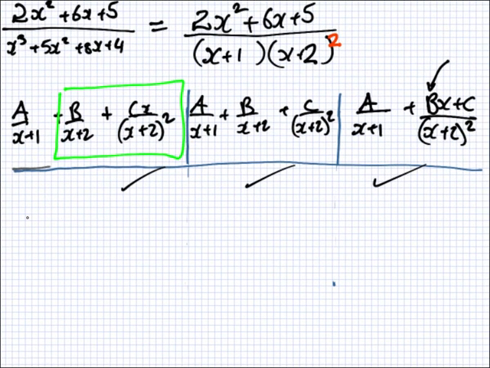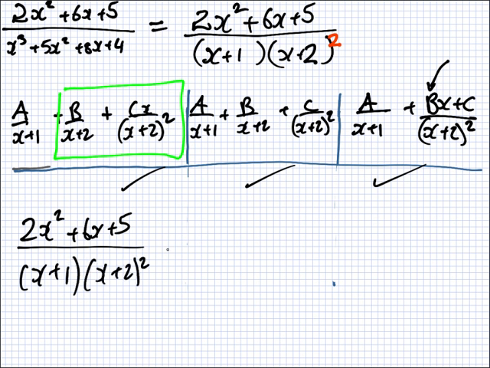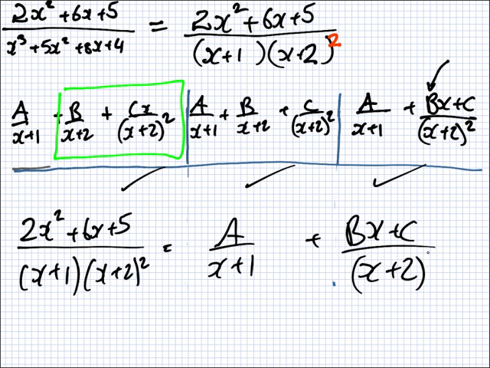So I'll just go back here and say 2x squared plus 6x plus 5 over (x plus 1)(x plus 2) squared equals A over x plus 1 plus Bx plus C over x plus 2 squared. We'll multiply everything by the denominator here.